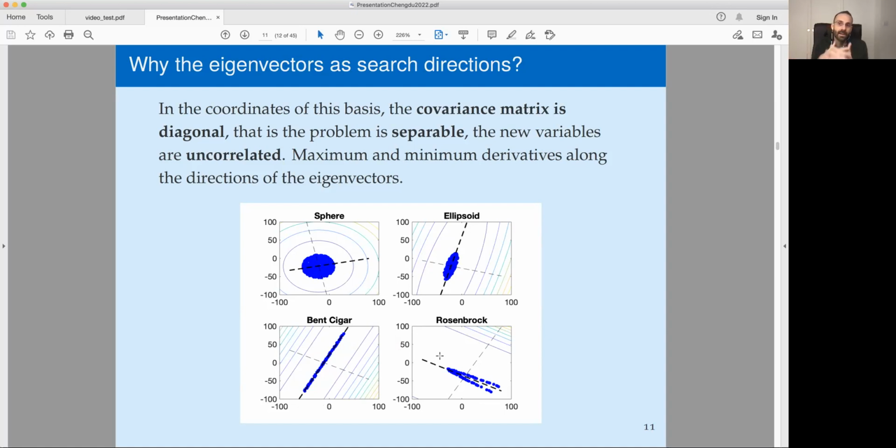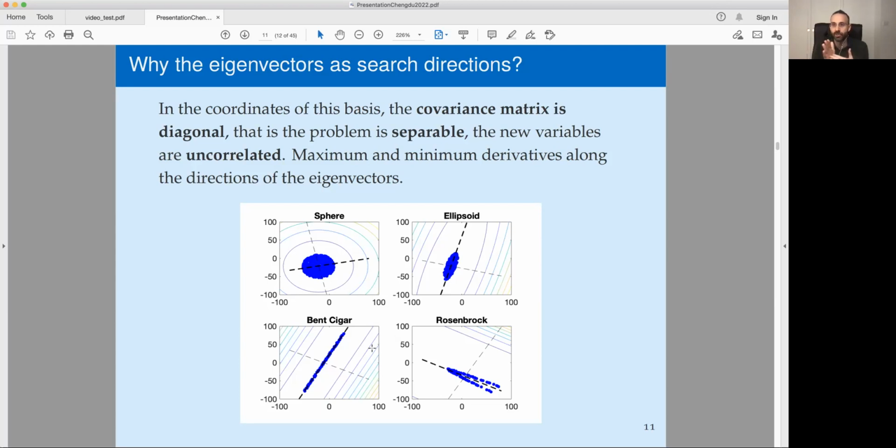And another way of looking into that is that if we are looking at those directions as a new system of coordinates, what we have is that the covariance matrix in this system of coordinates is diagonal. This means that the problem is separable, which means simply that if we move along those directions, we are moving in a new system of variables, and along these variables the problem is uncorrelated.